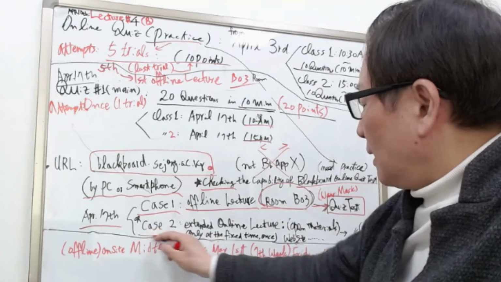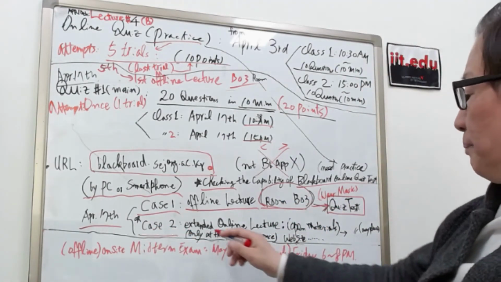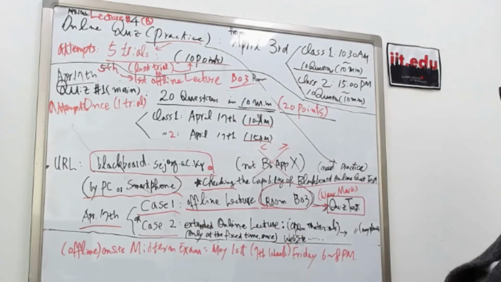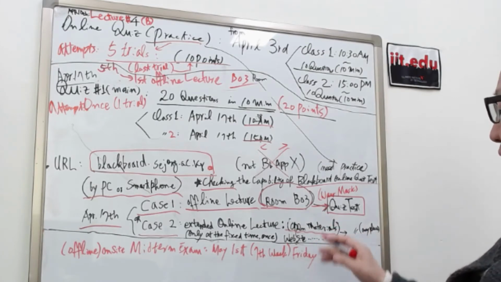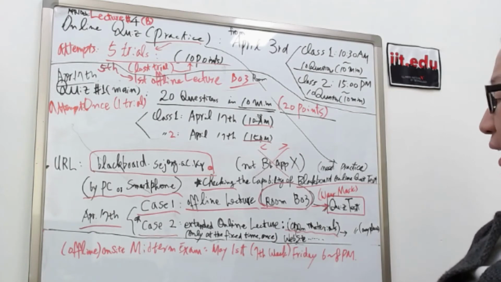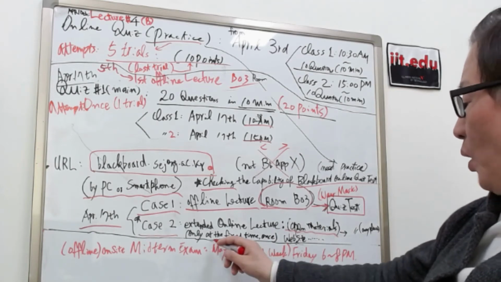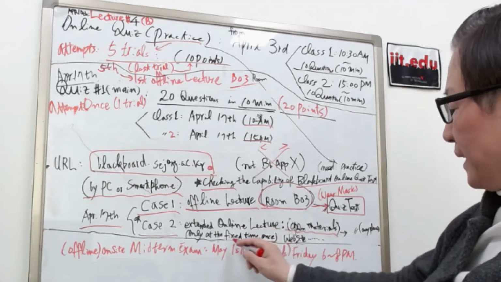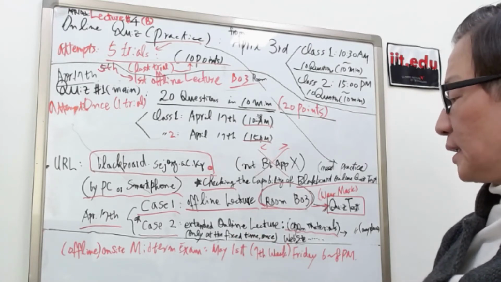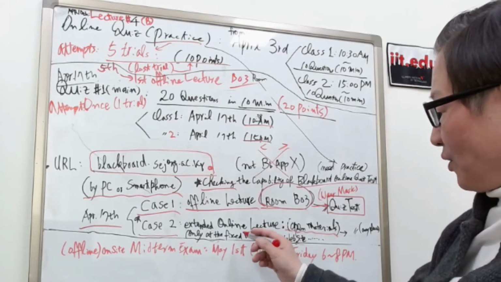But in case we need more extended online lecture, then you can use any materials to take this quiz test, but only at the fixed time. I will announce later in the Blackboard or also on the bulletin board. I'll announce in advance.